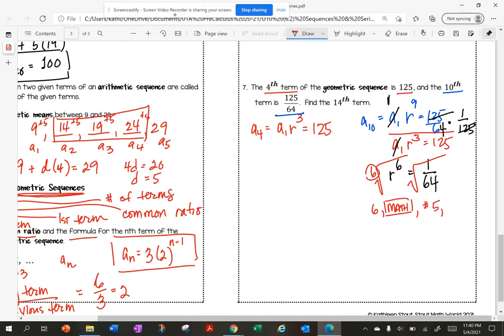And you'll see that this is the root here. So then I'm going to put in 1 divided by 64 here. So I'll get r equals 1/2.